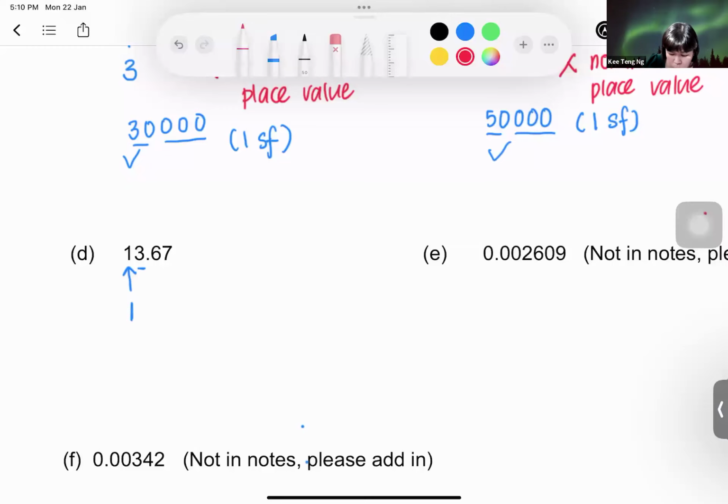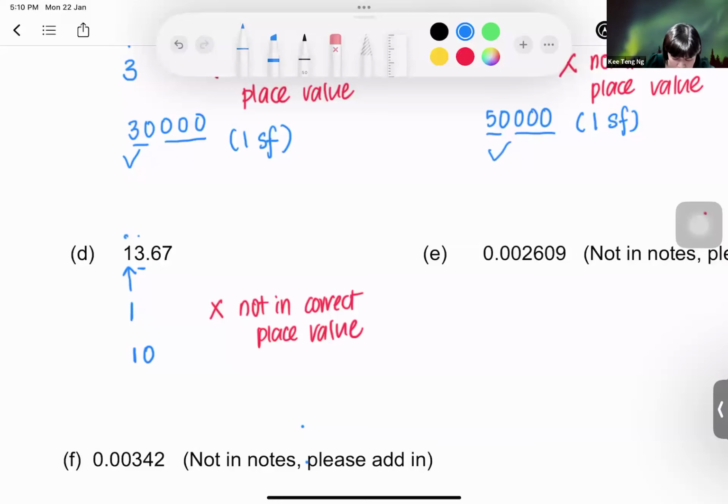But 1 is not in the correct place value. So what will be the correct answer? What can I do to put this digit 1 in the correct place value? I need to put a 0 after it, so that the 1 is in the tens place.